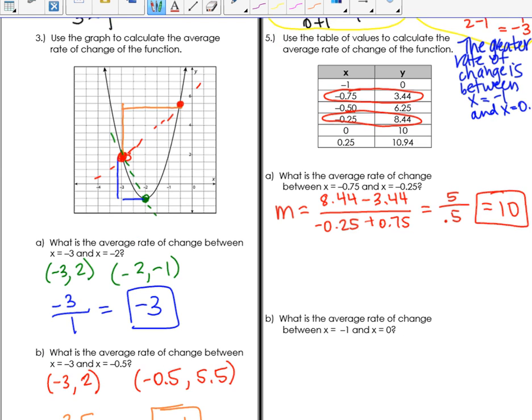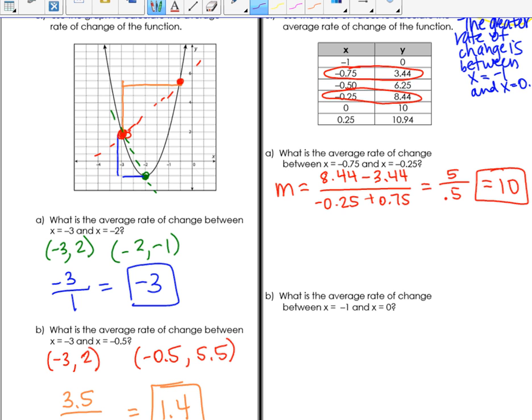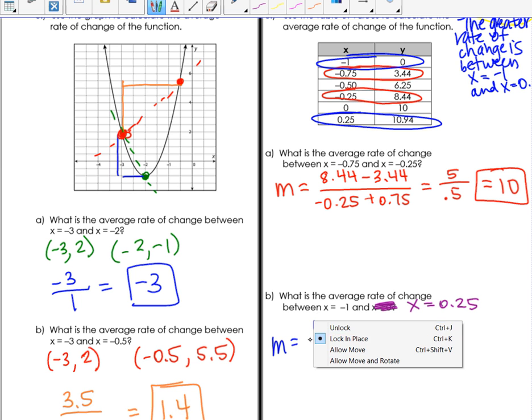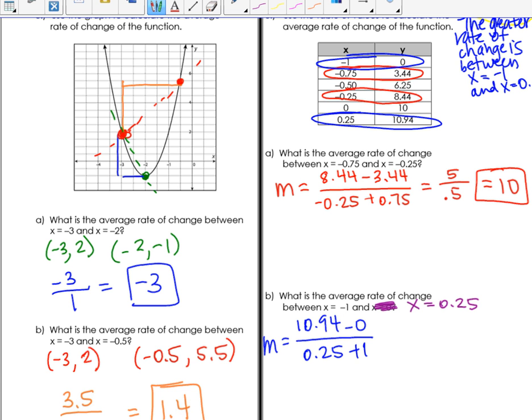Okay. For part B, you guys do me a favor. We're going to change that x equals 0 to x equals 0.25. Okay. So those points would be at (-1, 0) and (0.25, 10.94). So our slope there is going to be 10.94 minus 0 all over 0.25 minus a -1.